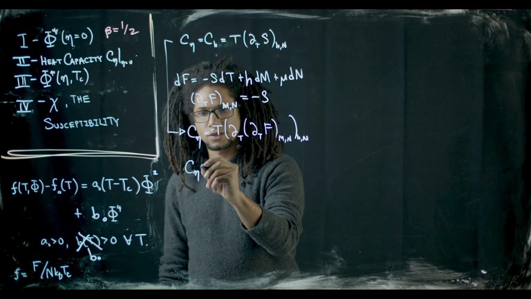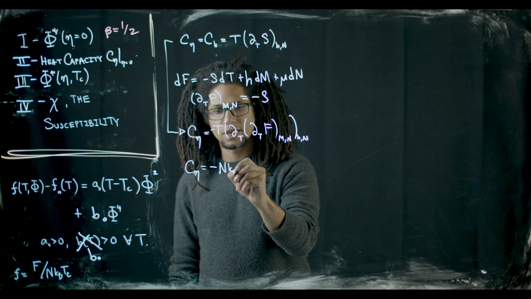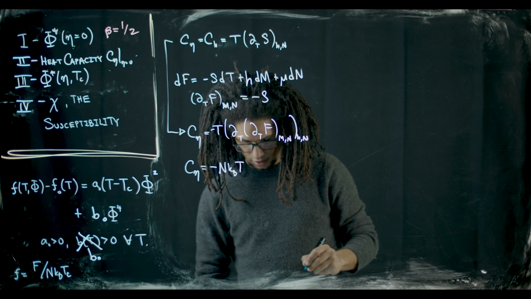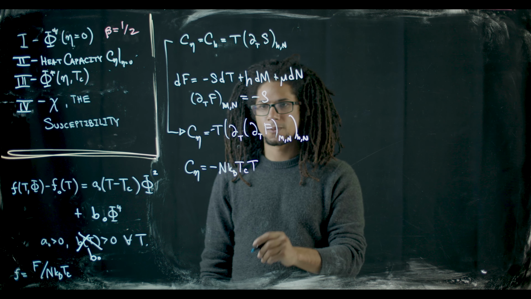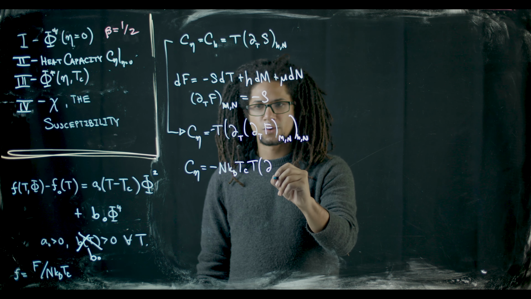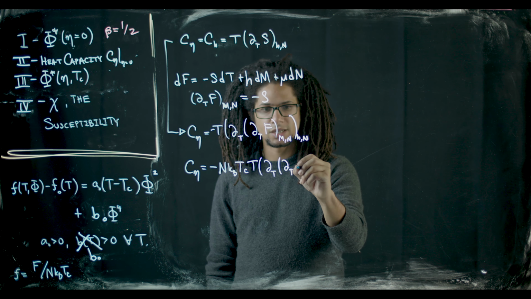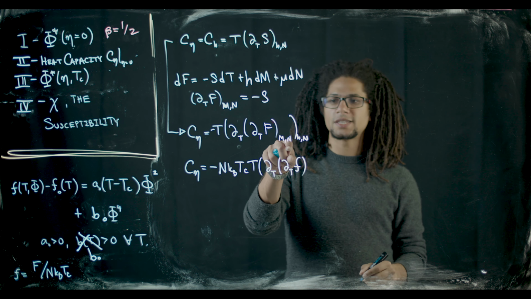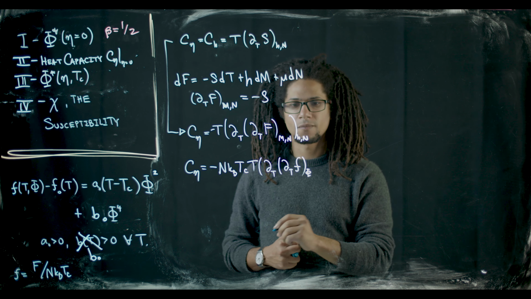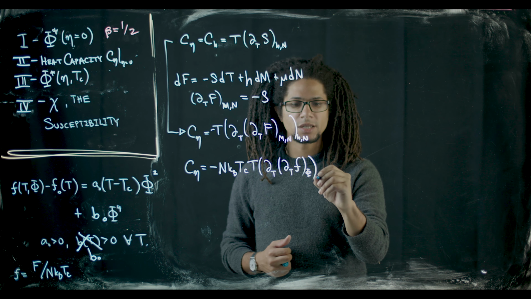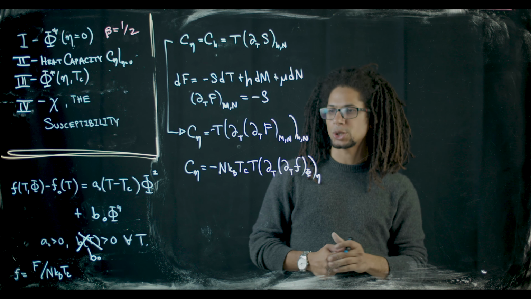So this says the following: C eta is equal to minus n kB tc times T times the derivative with respect to t of the derivative with respect to t of little f. Fixing m and N is precisely the same as fixing phi. And then fixing h and N is precisely the same as fixing eta. All right, so now we have a good expression that we can actually work with.